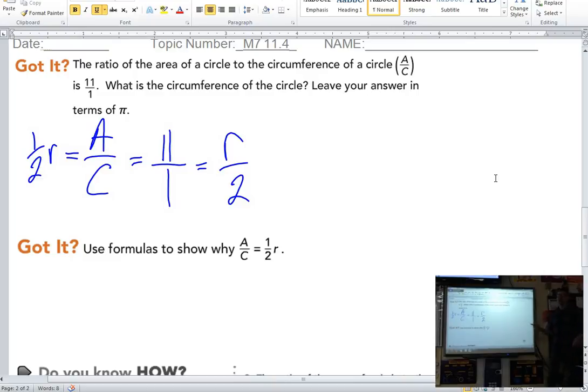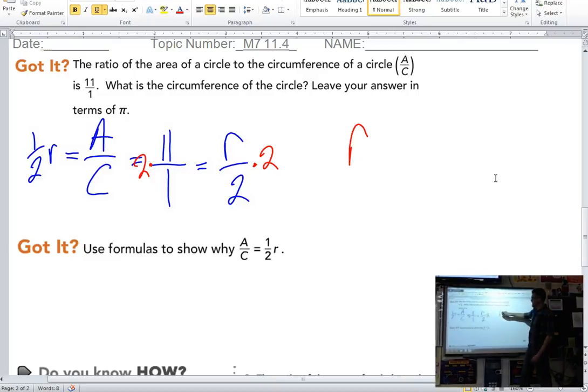Which means to calculate my radius, well, what do I need to do? Anthony, what do you think? If I want to calculate my radius when I know what half the radius is. Ooh, yeah, take the value that you know is your half, multiply by 2.